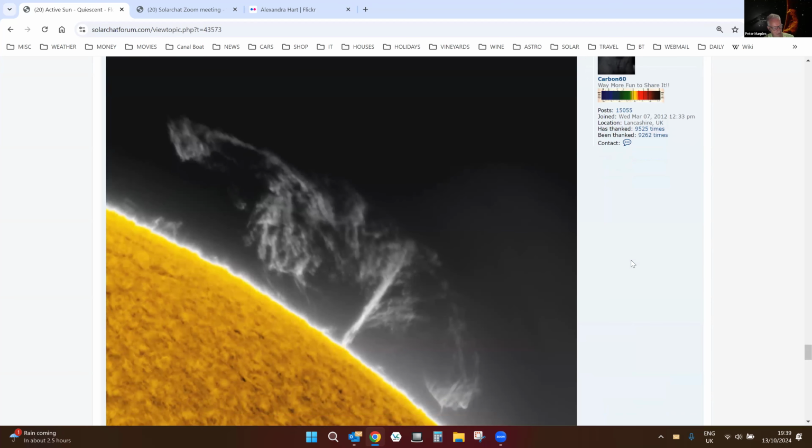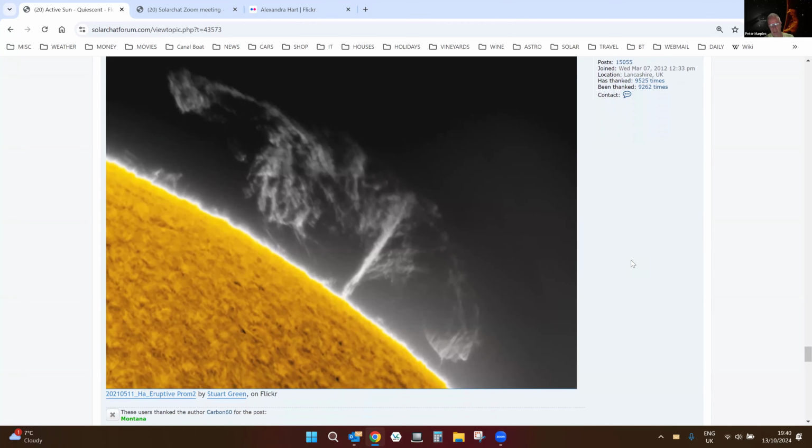Whereas looking at Zirin, that just tells me that at a point in time when you were making that observation, that's what the particular feature was. So what's more important, the development of what it became throughout an animation while you were watching it, or the fact that, because a lot of people don't do animations, obviously, they just take images of the sun, at a point in time, this was very clearly a dispersion brush because it was completely separated from the sun, whether it fell back down towards the sun or drifted off at that point when you took that image?